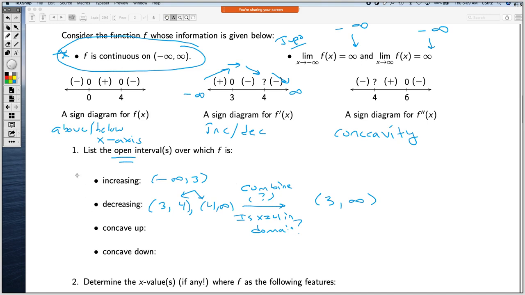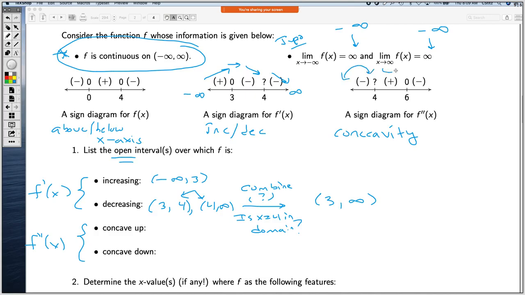All right, now it's asking for concavity. So once again, for increasing and decreasing, we look at the first derivative. For concavity, we look at the second derivative. And here's the second derivative. When we think second derivative, we think locally quadratic, so we think about parabolas. A negative second derivative, that's the sad parabola, so that's concave down.